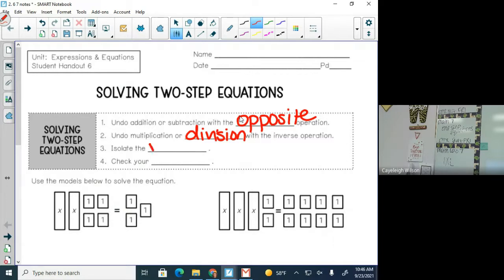And then you're going to isolate your variable like we've been talking about. And then you're going to check your answer there. Sometimes they ask you to show your work on how you're checking your answer. Sometimes you just do it mentally in your head, okay? You just have to follow directions.